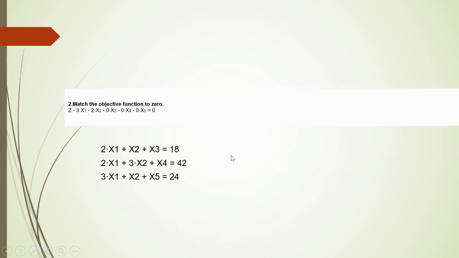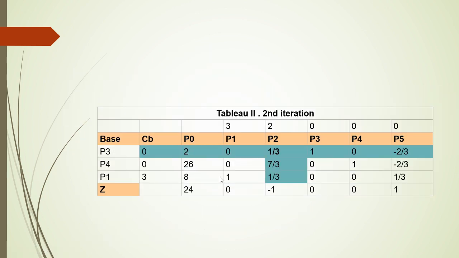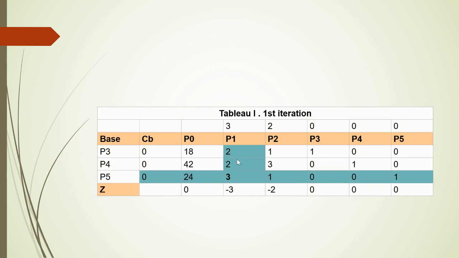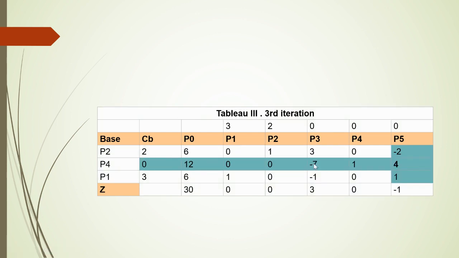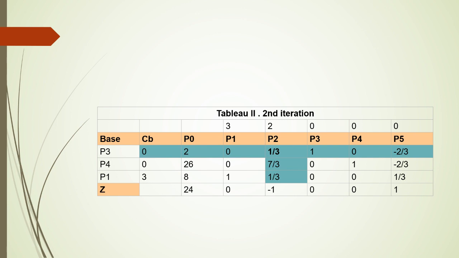Here we have found the other two rows by using that formula. Then in the third iteration, we can see that -1 is the most negative value, and this is the pivot column.